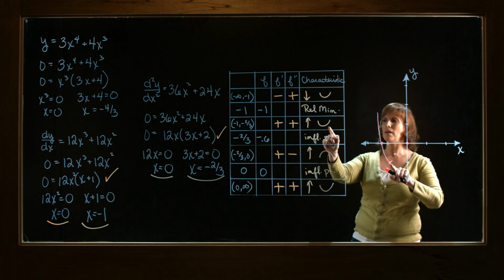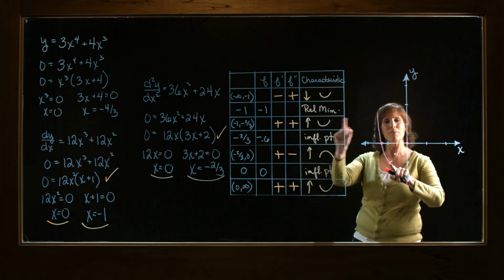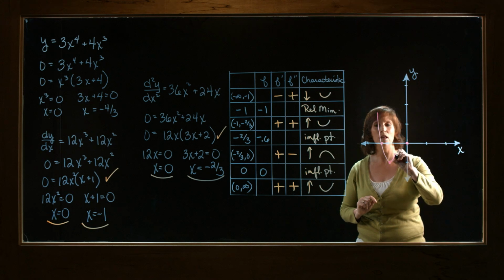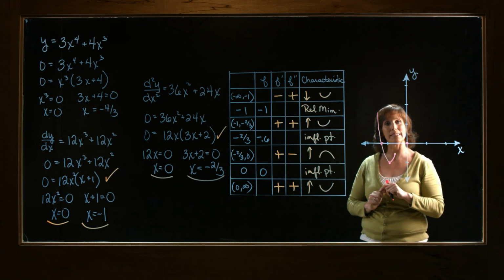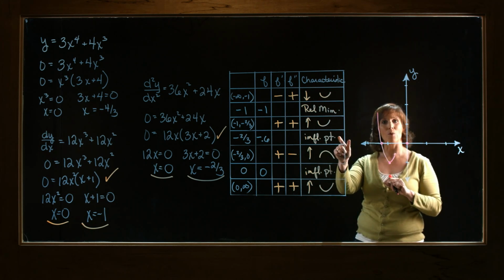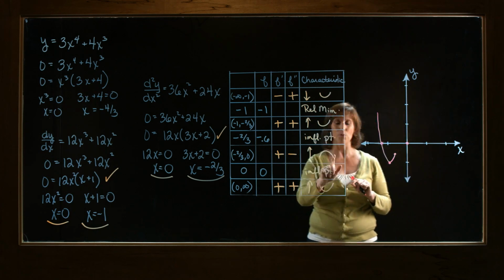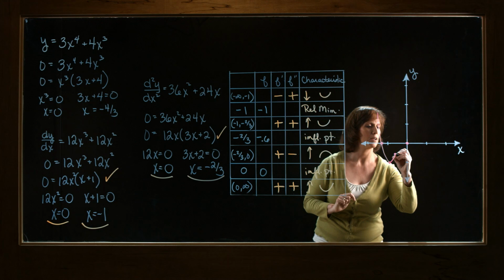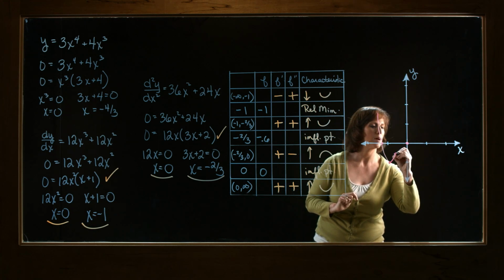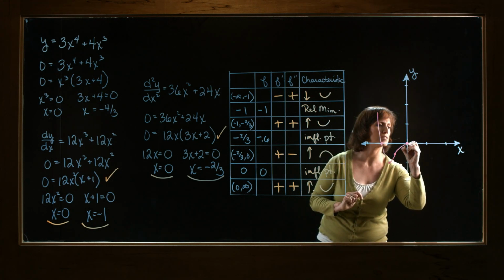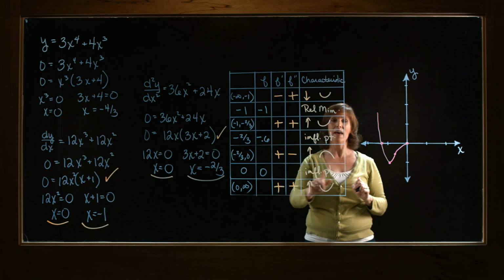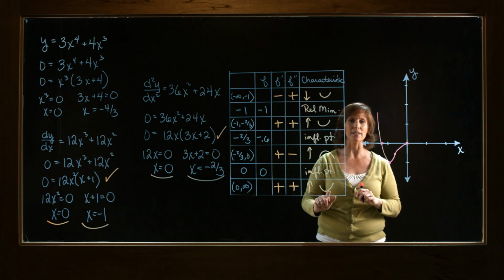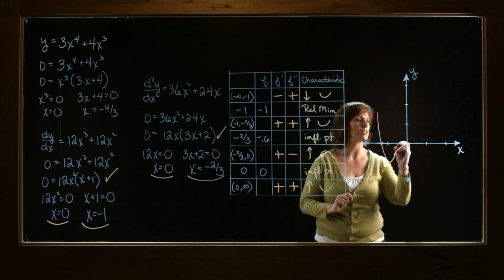Once I hit that relative minimum, I begin to increase, but I'm still concave up until I hit the point -2/3, -0.6. That's an inflection point. Once I hit the inflection point, I'm going to continue increasing, but it's going to be concave down. Then when I hit the point 0, 0, again, I'm continuing to increase, but I switch concavity again so that it's concave up.